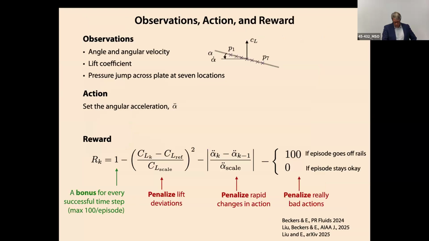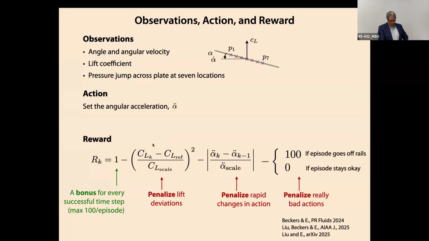Okay, so this is the sort of thing that goes into a reinforcement learning problem. You choose what you're going to observe. In this case, we're observing some information about the wing, but mostly it's pressure sensors. And we're going to just choose an angular acceleration. That's our action: the pitch about that pivot point.